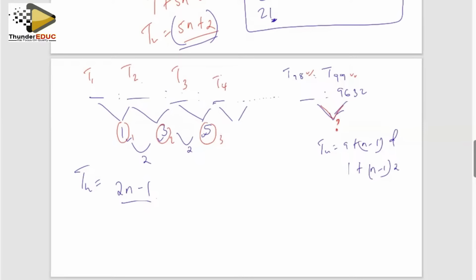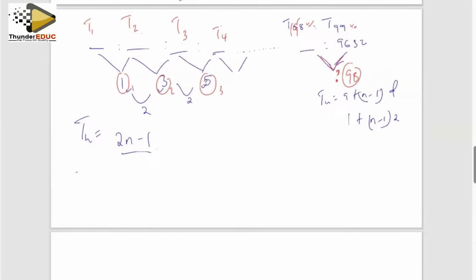Which means the term that is between 98 and 99 is going to have a position of 98. So let me find this value. I'm going to say T98 is going to be 2 times 98 minus 1.